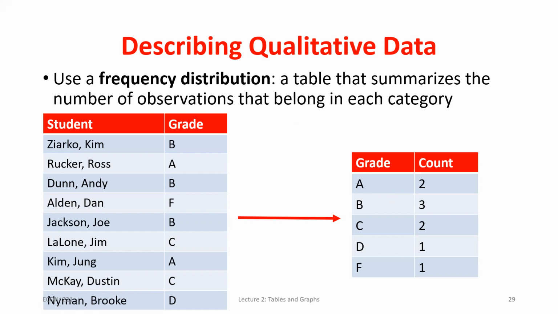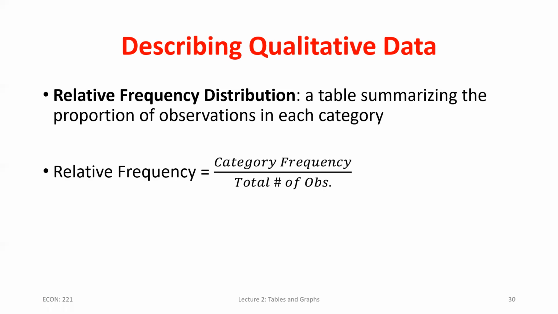So the relative frequency would be 2 divided by 9. All I'm doing to convert the frequency to a relative frequency is dividing those frequencies by the total number of observations. That converts the frequency into a proportion.